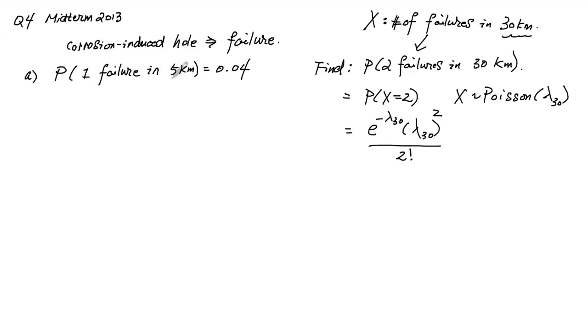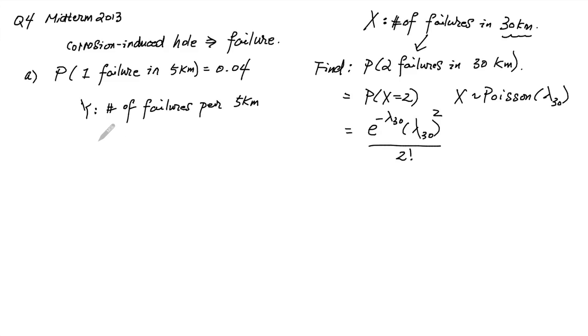Now read this question carefully. This is still the number of occurrences per space frame, in this case distance. So that in itself also seems to be a Poisson distribution. So let's call y the number of failures per 5 kilometers.